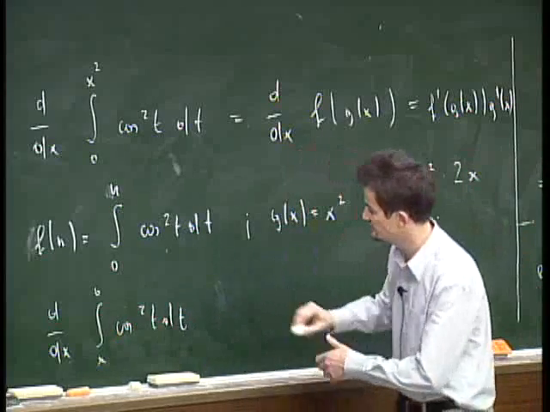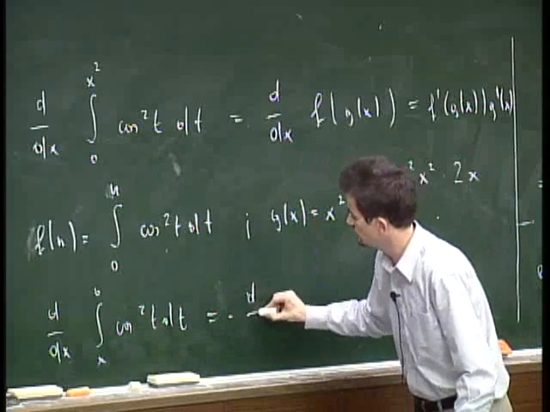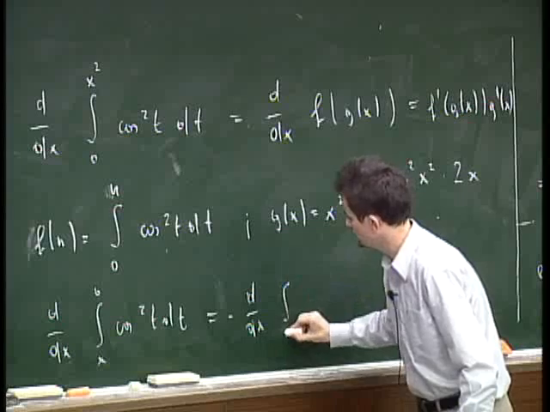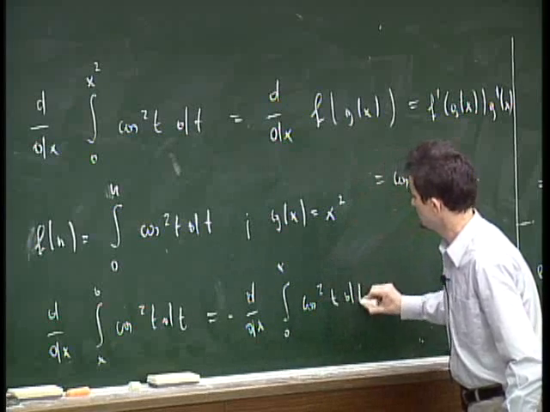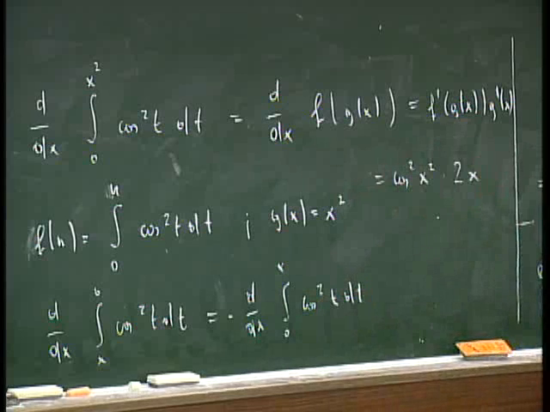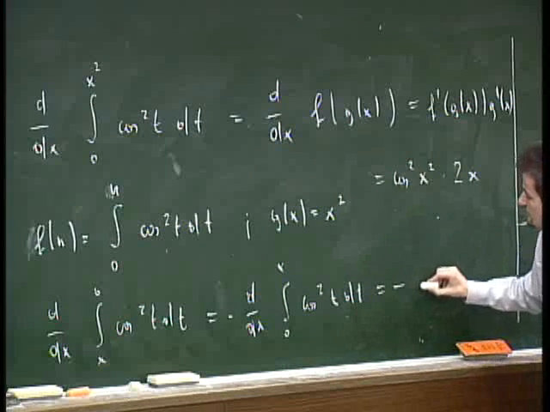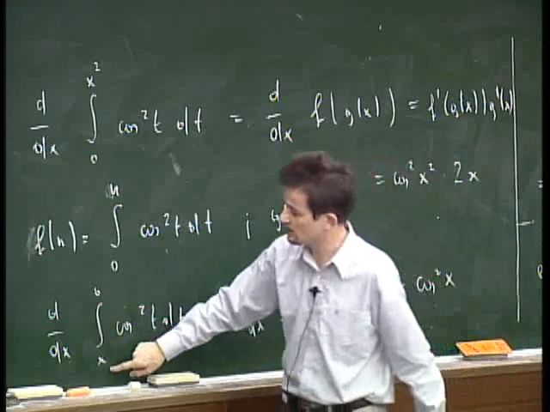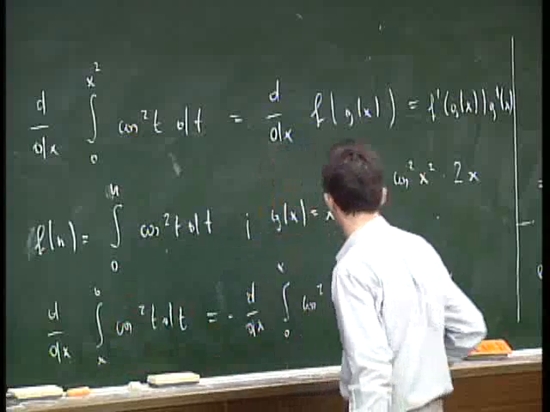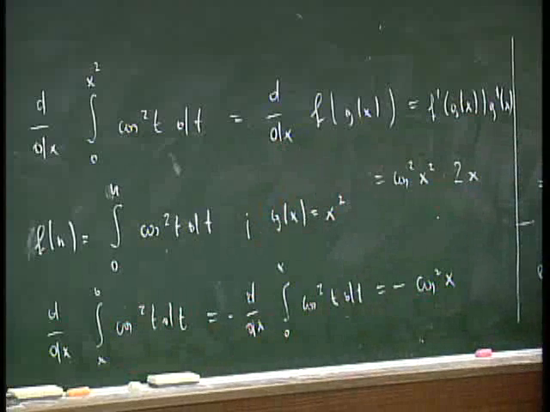Then you have a minus. So this is minus d over dx of the integral from 0 to x of cosine square of t dt. And by using the fundamental theorem, this will be minus the cosine square of x. So if the variable is in the lower limit, you first exchange the limits, and then you use the fundamental theorem of calculus.